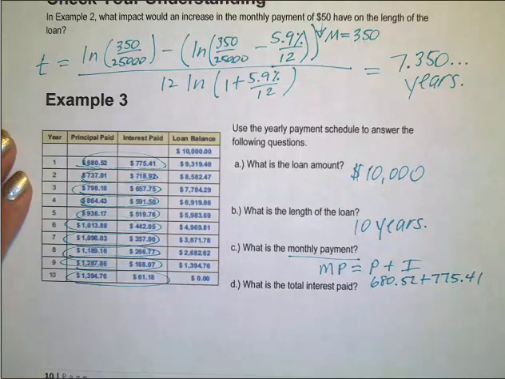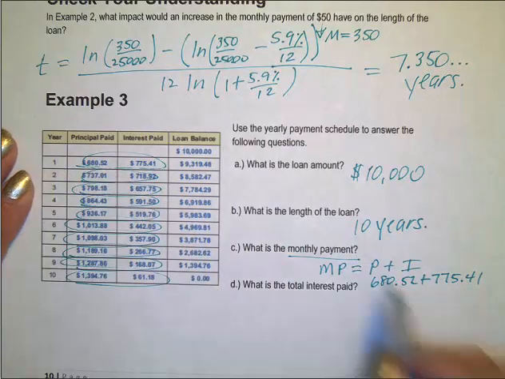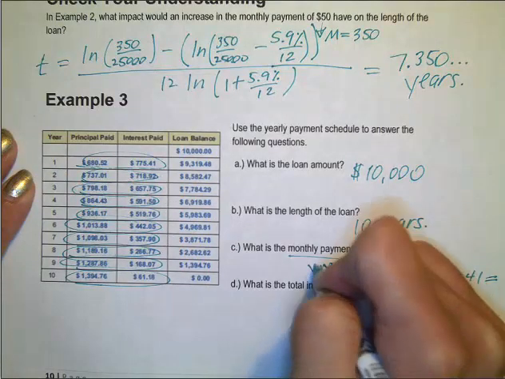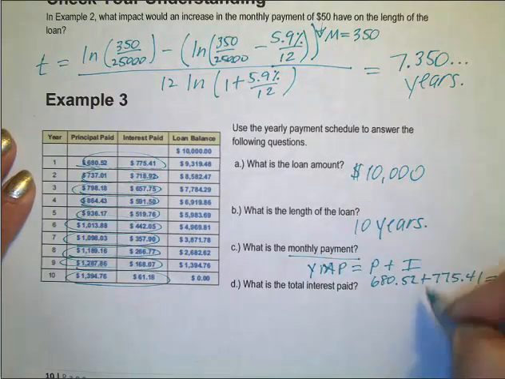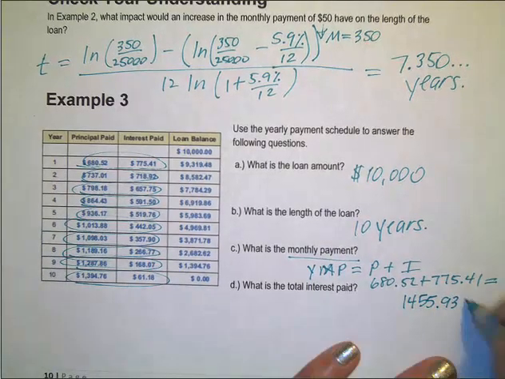When you add them up, that's going to tell you how much each year you paid. So when we add these two up, that's not our monthly payment, that's our yearly payment. We get 1455.93. This is a year.